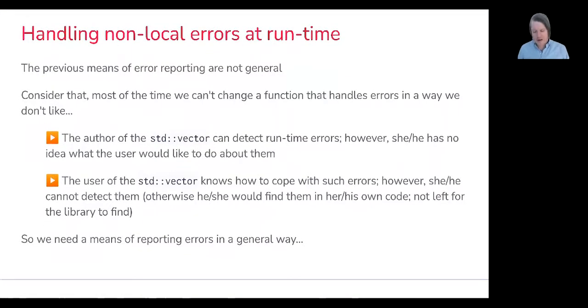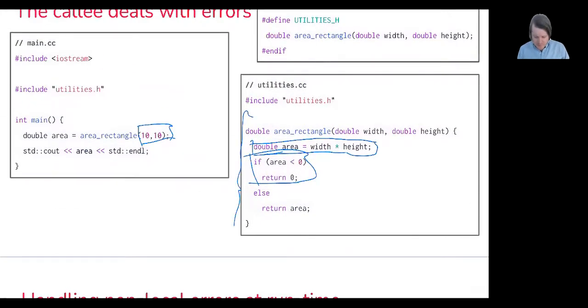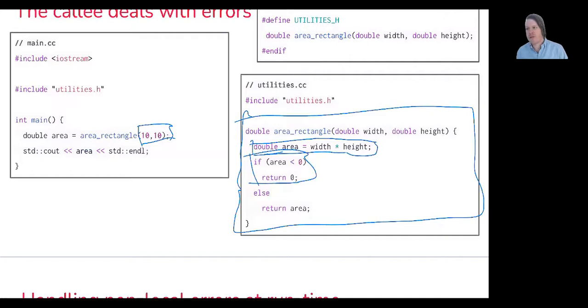So, handling non-local errors at runtime. The previous means of error reporting are not general. Consider that most of the time we can't change a function that handles an error in a way we don't like. For instance, looking back here, let's say that maybe this is code I wrote that I provided you with, and I'm saying, okay, you can't change the definition, you have to use this.